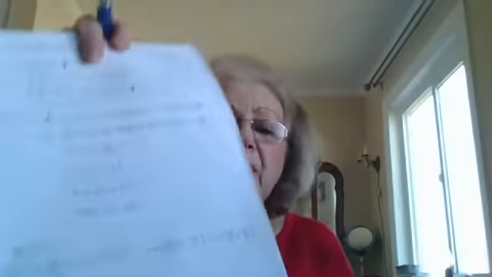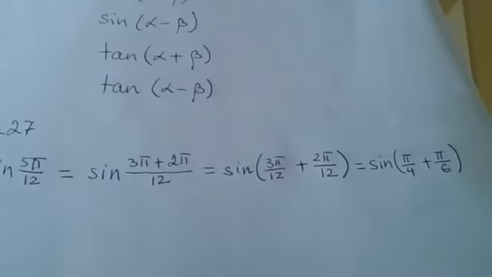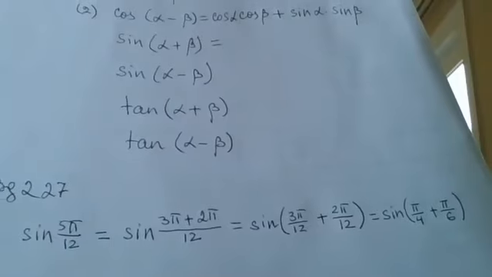Mm-hmm. 2 pi over 12, is it pi over 6? Mm-hmm. What about these two new angles which we have under the sine? Do they look familiar? Yes. Which means I can apply the formula, if I know that formula, of sine of the sum of two angles.